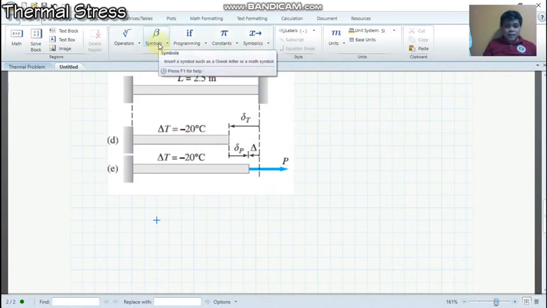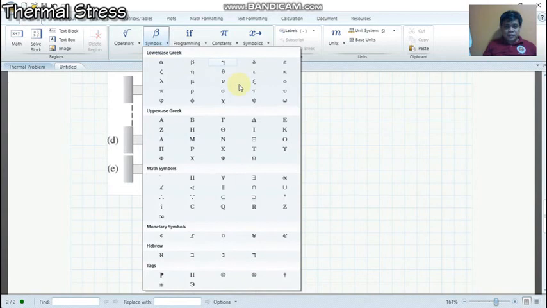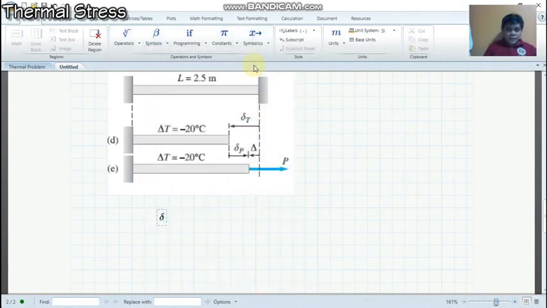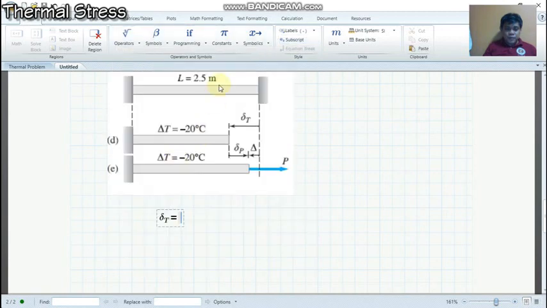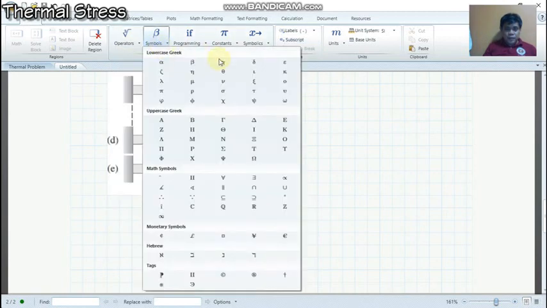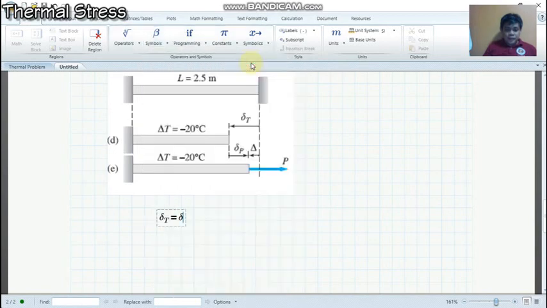So your thermal contraction delta T is equivalent to your delta P plus 0.5 millimeters. Okay, so let's substitute the value.